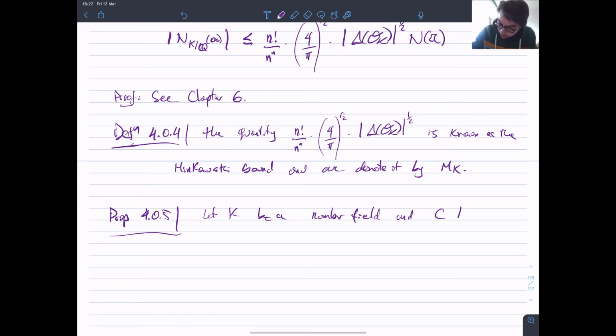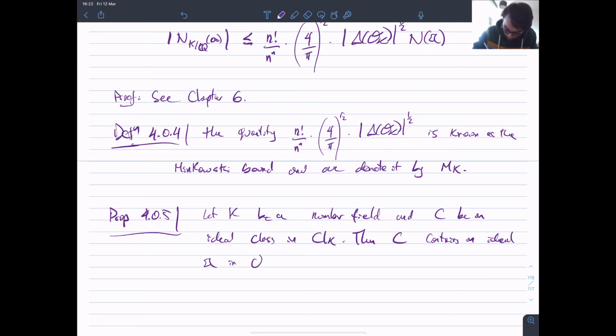I'm going to let C be an ideal class in the class group. Then C contains an ideal A in O_K. Remember, this is a class in the class group, so this is a class of fractional ideals.